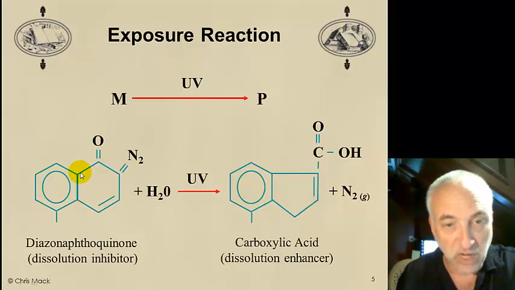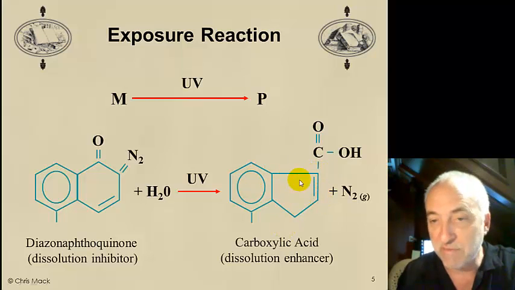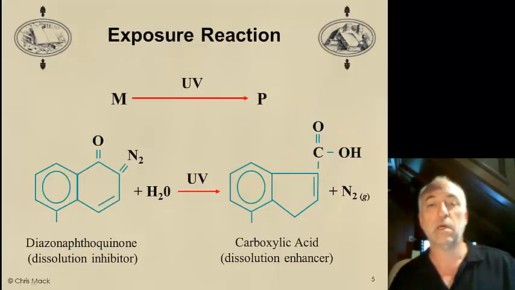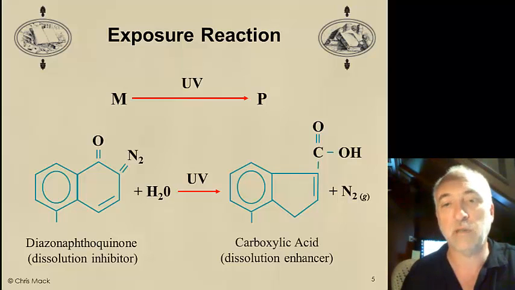Then, in its high energy state, it can relax to a lower energy state by opening up the ring. So here's a 6-membered ring. It opens up and forms a 5-membered ring with one of the carbons in the ring coming out and forming carboxylic acid. The mechanism is something called a Wolff rearrangement, very common type of mechanism.